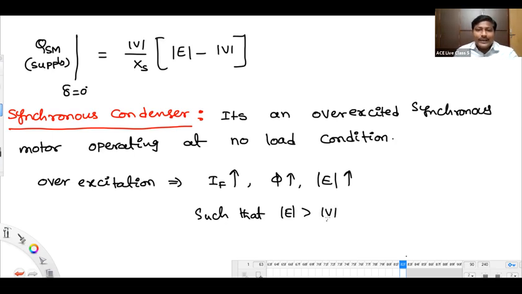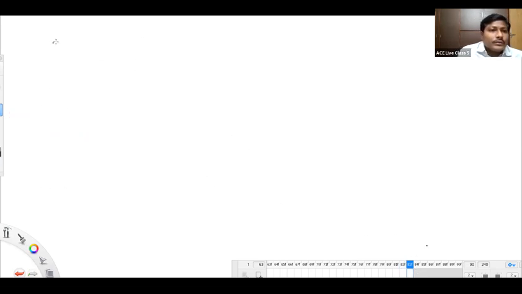Now you write: QSM supply at delta equals 0 degree is positive.